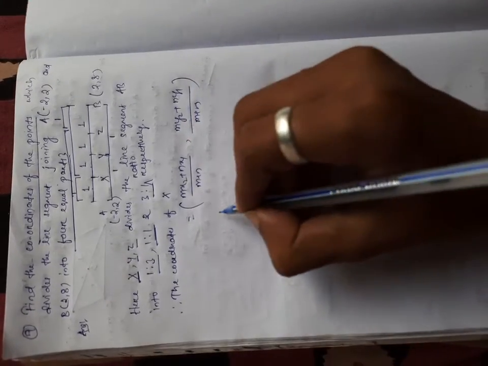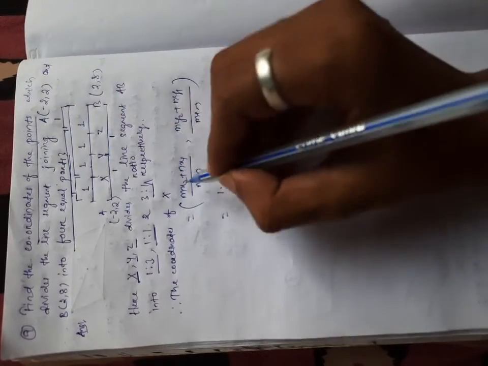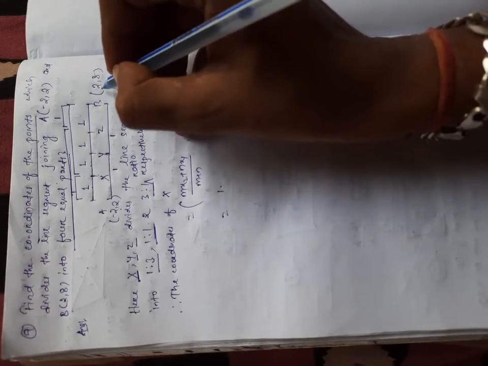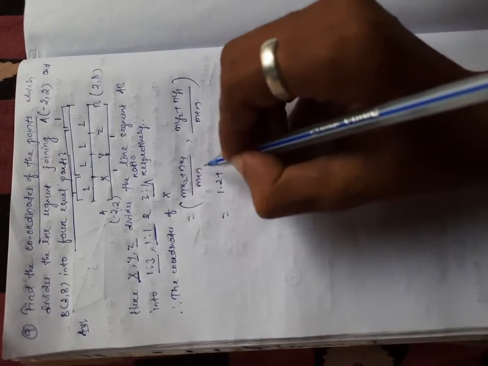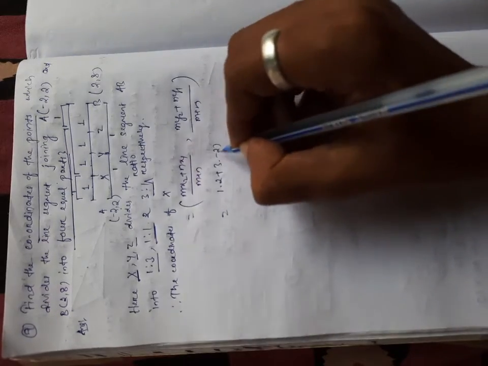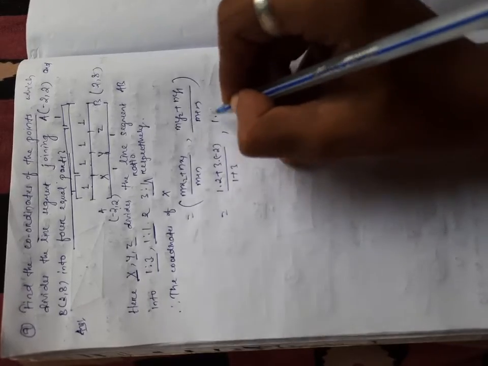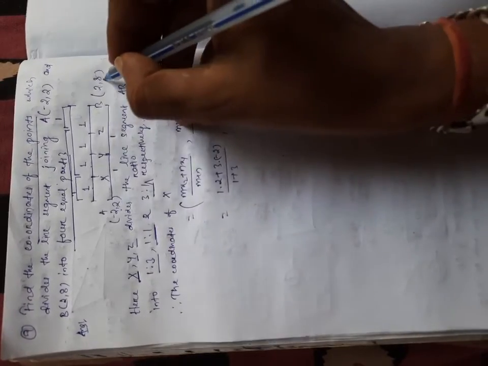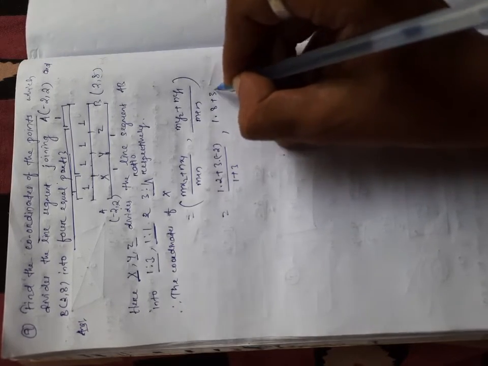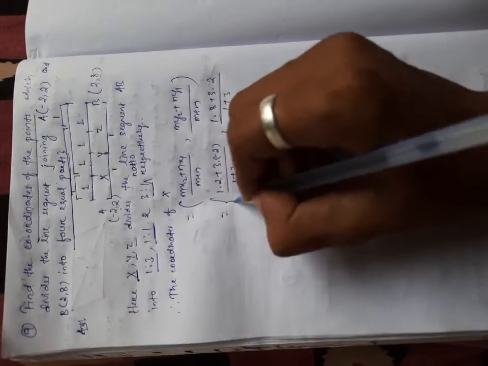Here m is 1 and n is 3. This is x1, y1 and this is x2, y2. So m into 2 plus n, which is 3, into x1, which is -2, divided by m plus n, 1 plus 3, comma, y2 is 8 times m plus n is 3 times y1 is 2, divided by 1 plus 3.